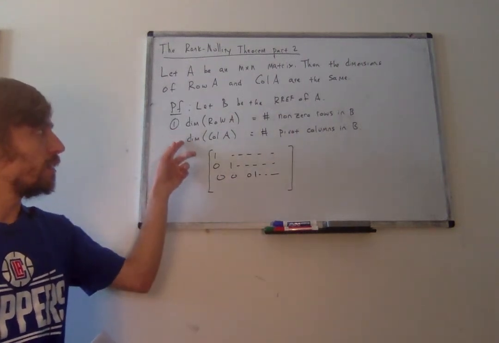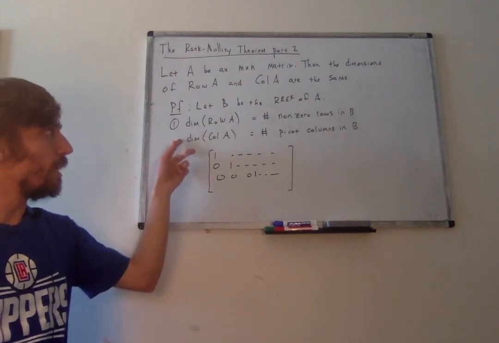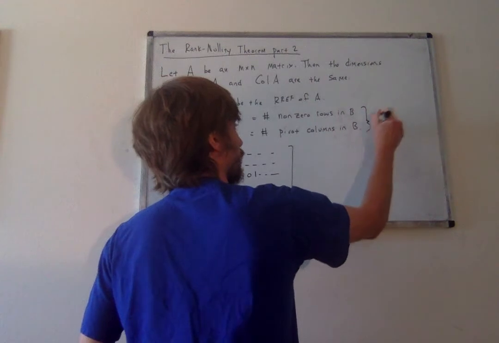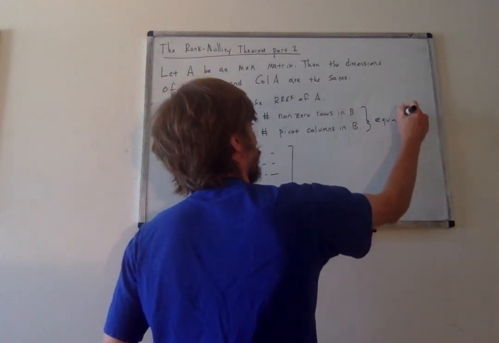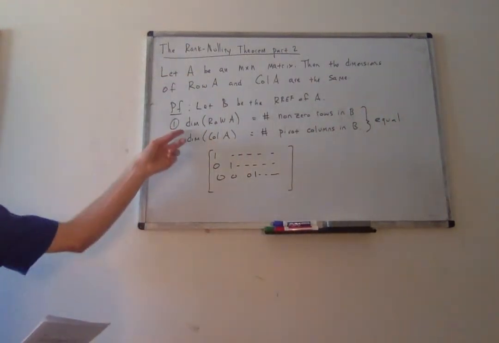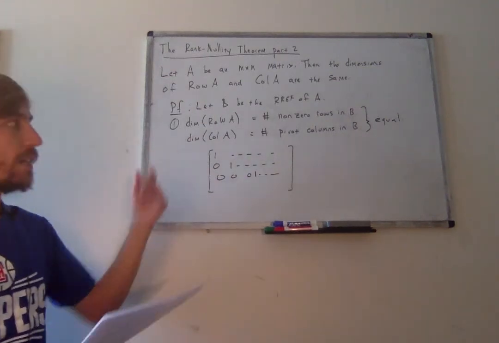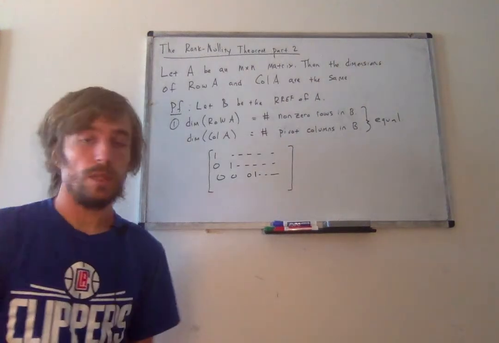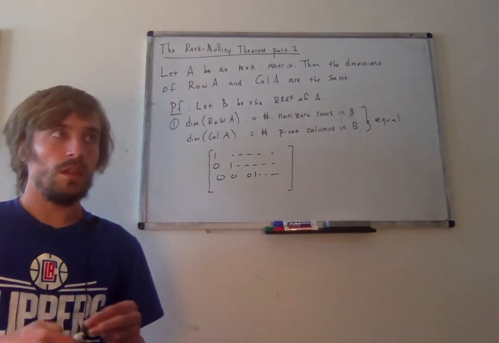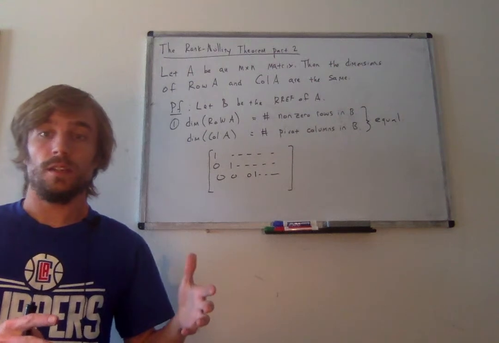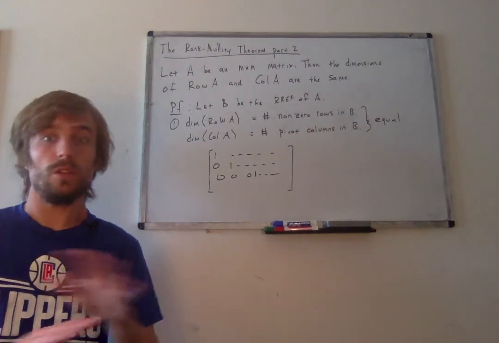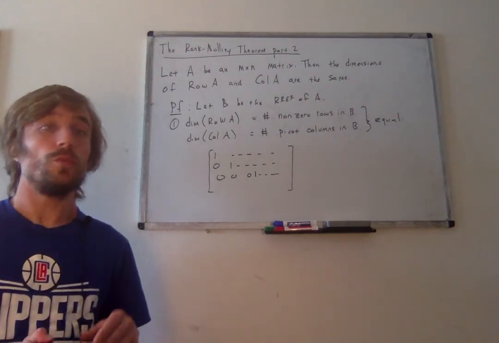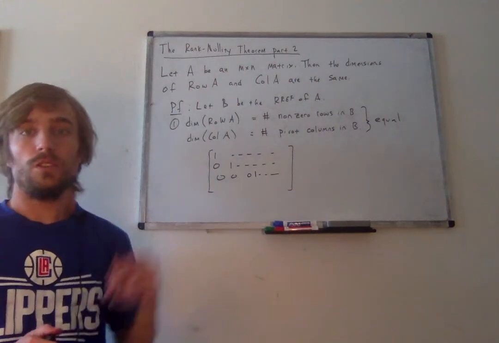And so in the row reduced echelon form B, these two things are equal, meaning that the dimension of the row space, and this is actually the answer to number 2 on the worksheet I'm writing out, and the dimension of the column space have to be the same. Meaning any matrix A always has the same number of linearly independent columns and linearly independent rows, no matter how uneven these two numbers are.